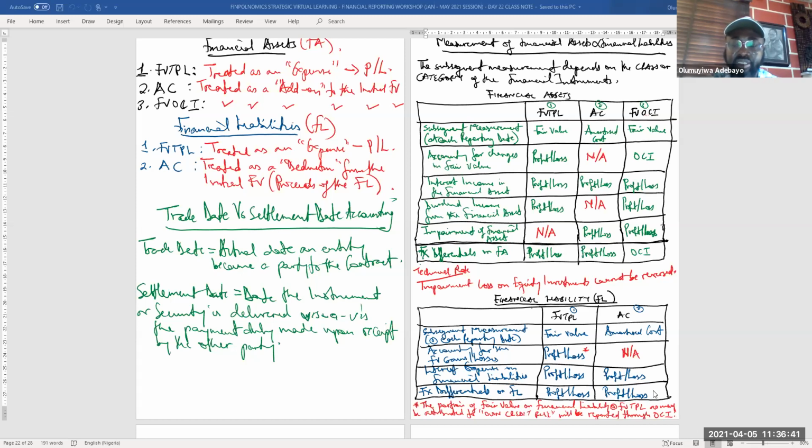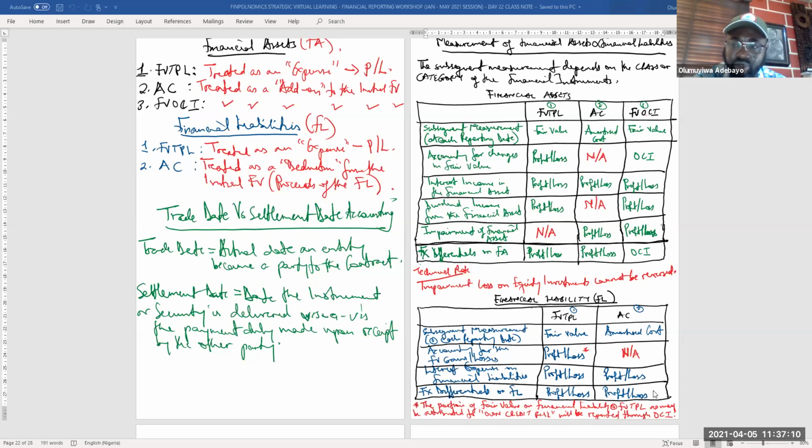And let me explain the own credit risk for you. When you have a fair value loss on a financial liability, that loss will go to profit or loss because it is measured at fair value through profit or loss. When you have a fair value gain on a financial liability, that gain should equally go to profit or loss.